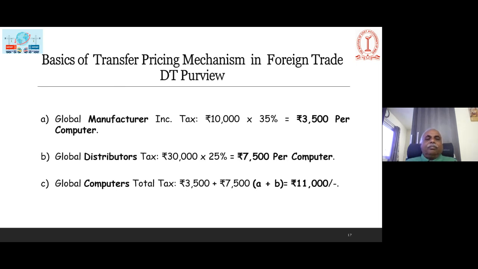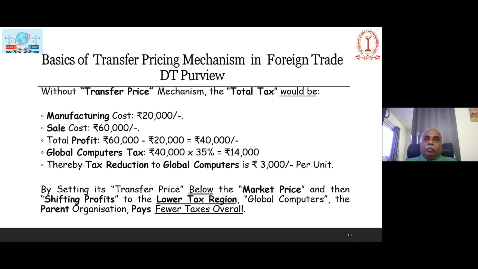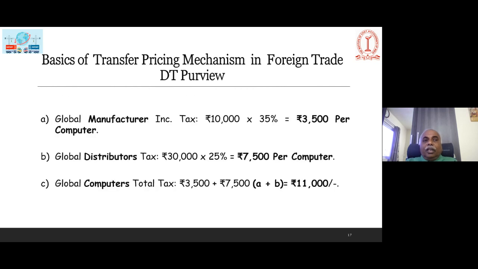But without the transfer price mechanism, what would be the total tax to be paid? Manufacturing cost is 20,000, selling price is 60,000, and the profit is 40,000. If it all happened at Global Computers' place, with 40,000 profit at 35% tax, the tax is 14,000. Instead, they adopted the transfer price mechanism because some profit is shifted to the low tax regime.